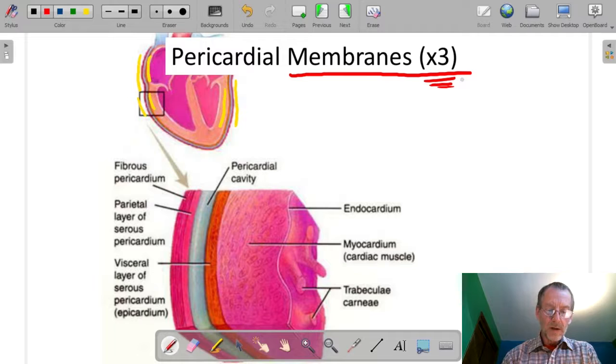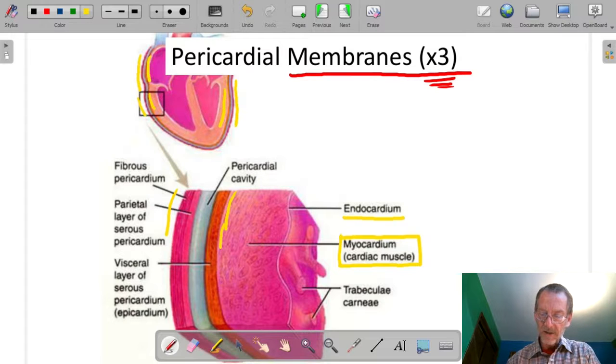So what we're looking at is the wall of the heart here, which is what's highlighted in the figure above. The myocardium is the muscle that's pumping.